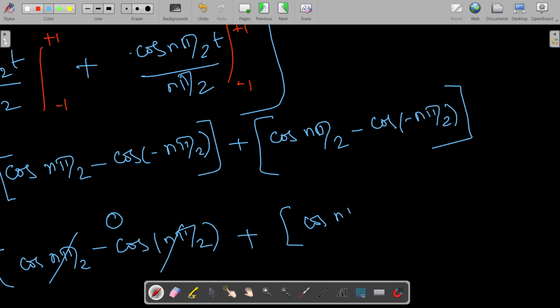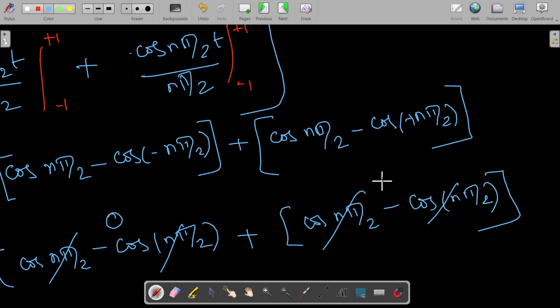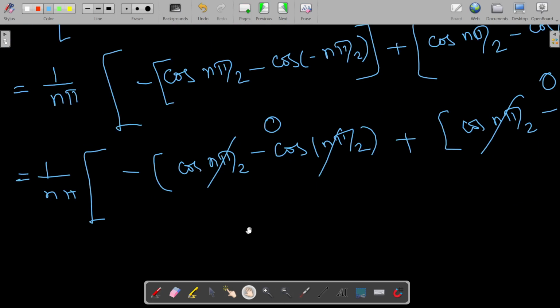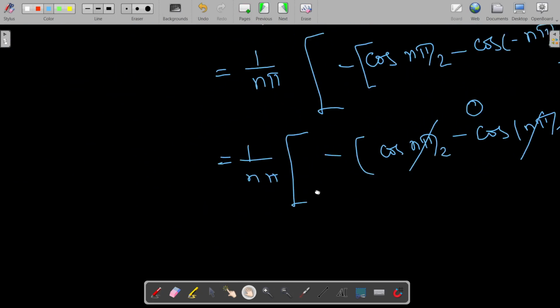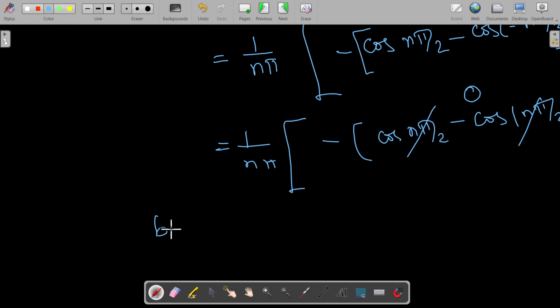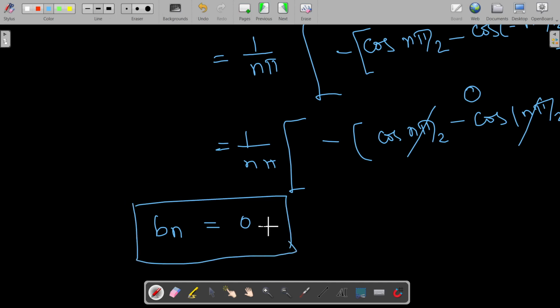So when you come over here again, cos of n pi by 2 minus this cos of minus n pi by 2 becomes cos of n pi by 2. Here also these two get cancelled. That means it is 0. So no need to find the values, because bn after integration and applying limits becomes 0 on the whole.